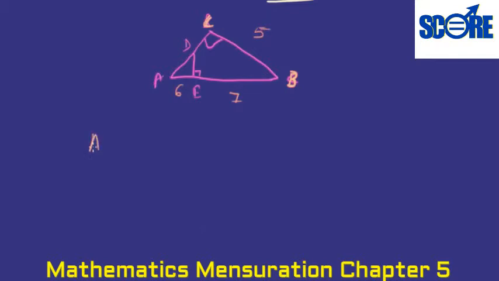Length AC. Let's apply the Pythagoras theorem here. AC square plus BC square should be equal to AB square by the Pythagoras theorem, which is right angled at angle C. Now AC is under root of AB square minus BC square, right?